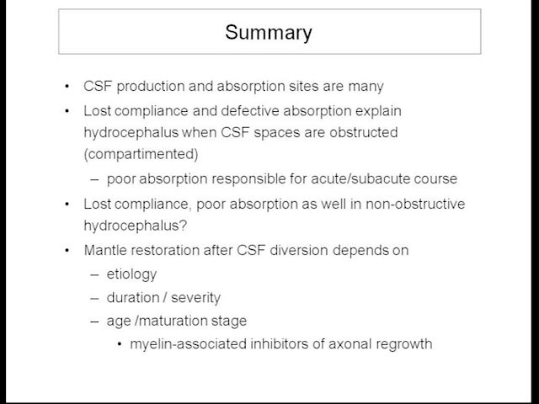Loss of compliance and poor absorption are likely also to occur in non-obstructive hydrocephalus, and the mental restoration after CSF diversion depends on the etiology, so you have to try to identify the etiology, duration and severity, and the age and maturation stage, knowing the role of the myelin-associated inhibitors.